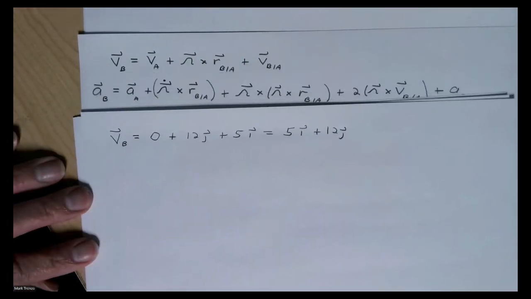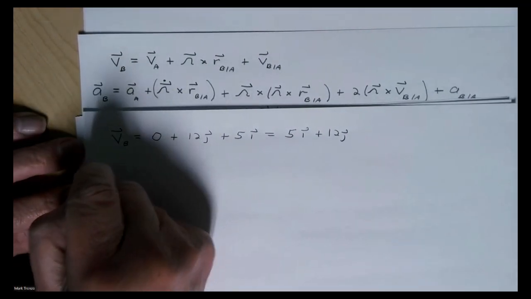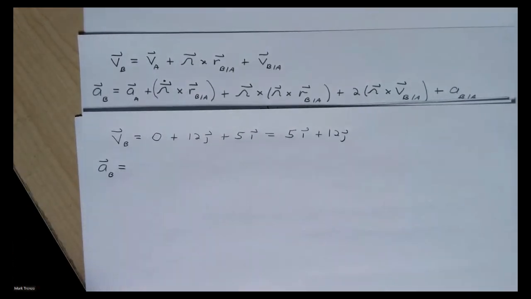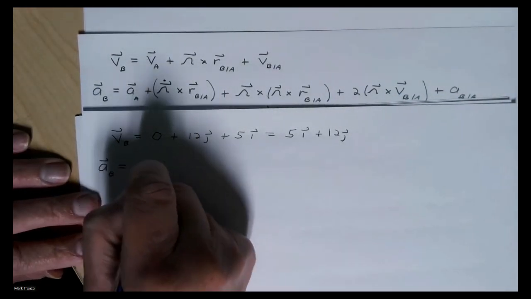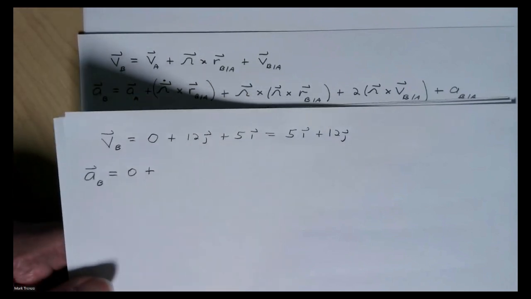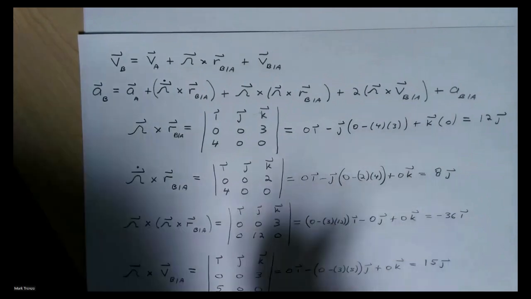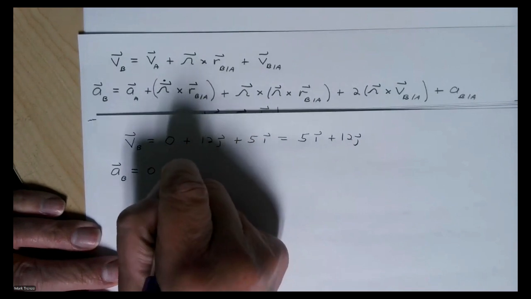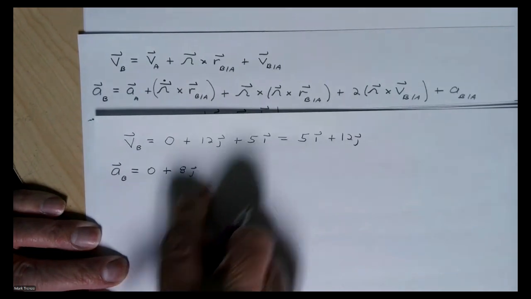Now for the acceleration of the collar, again, we have this equation here, that long equation. Once again, the acceleration of A was 0. And omega dot cross RBA was 8J. That's this here.